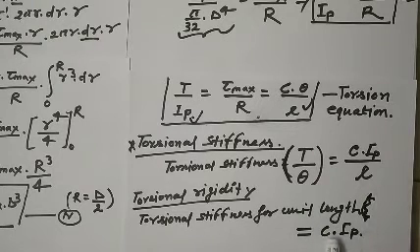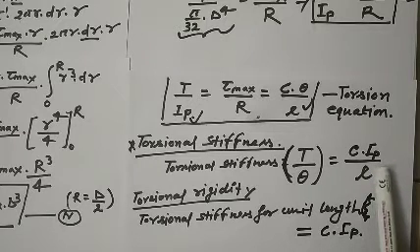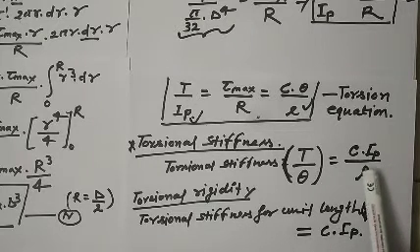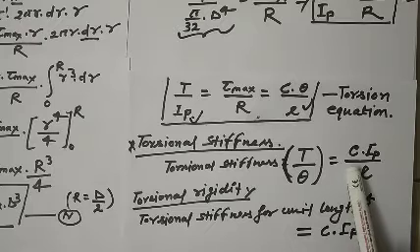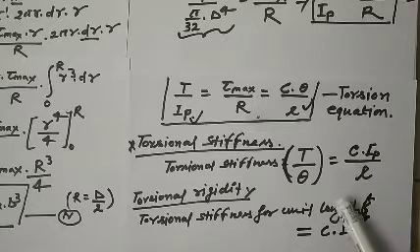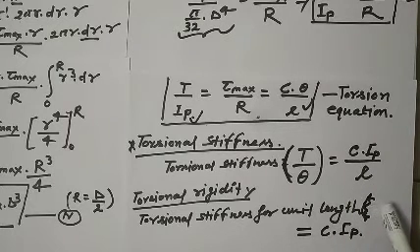And for torsional rigidity, IP has the unit mm to the power 4 and G has the unit Newton per mm square, so the unit will be Newton meter square. This is torsional rigidity, and there is another term.